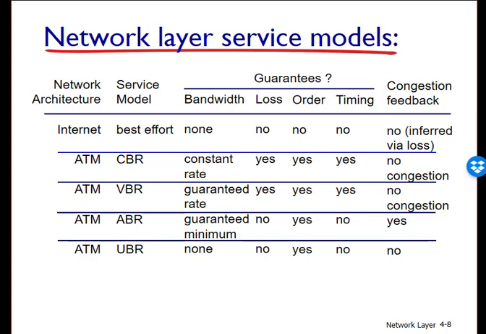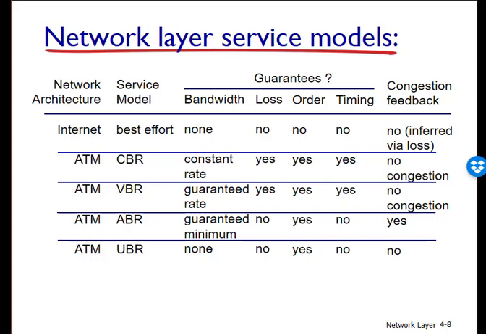ATM's available bitrate network service might best be characterized as being slightly better than best effort service. As with the Internet service model, cells may be lost with the available bitrate service. Unlike the Internet, however, cells cannot be reordered even though they may be lost.